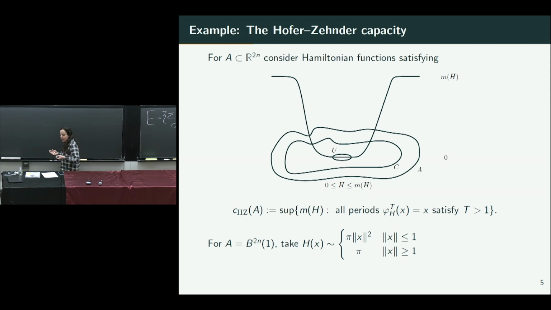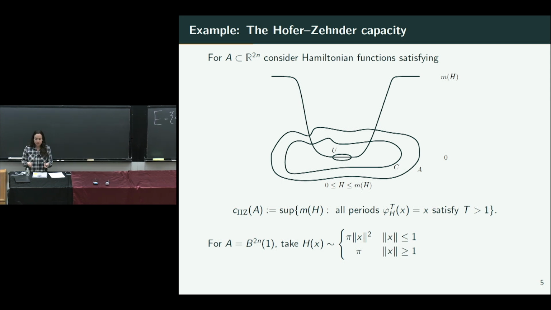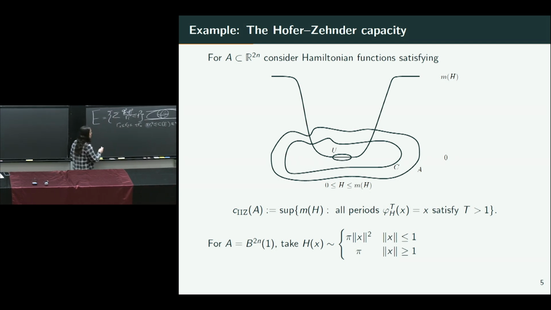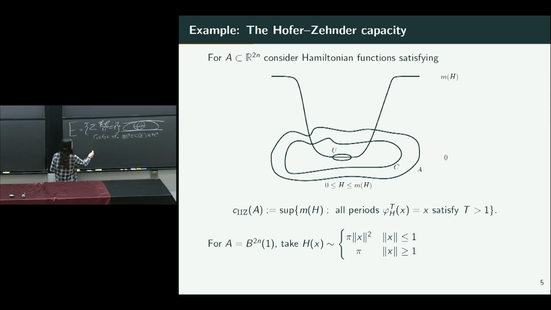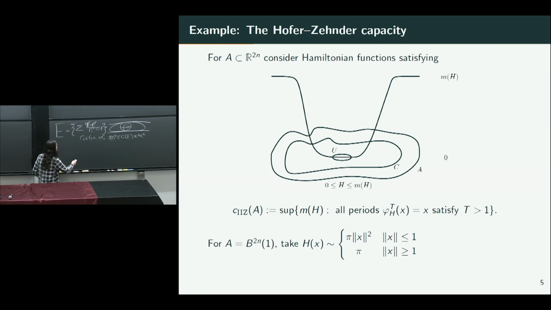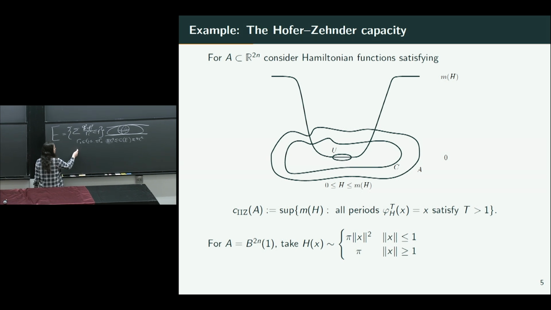And what happens when we take a different domain, say some convex domain? I'm claiming that the H which will be the best here will give us the domain as a sublevel set.